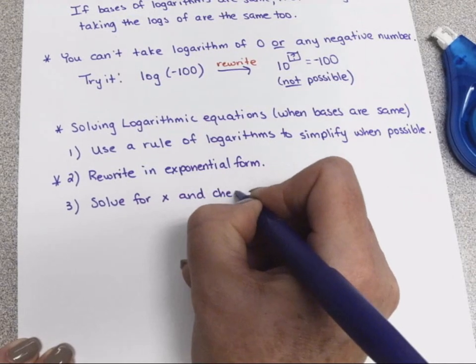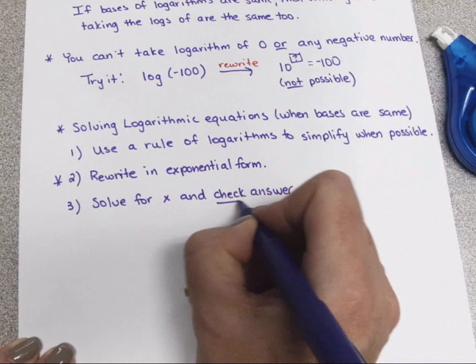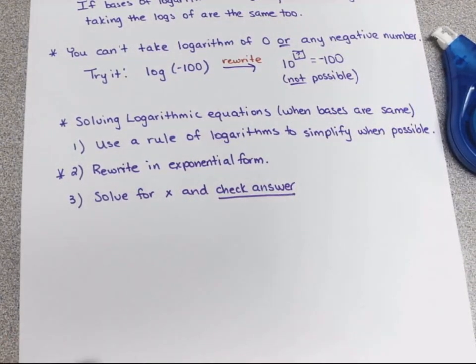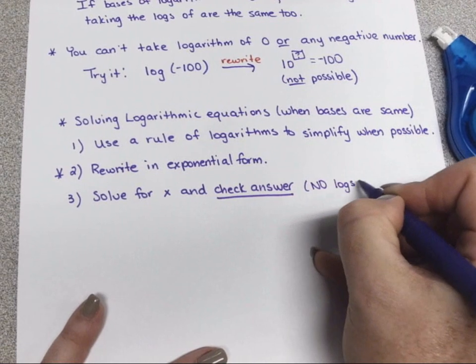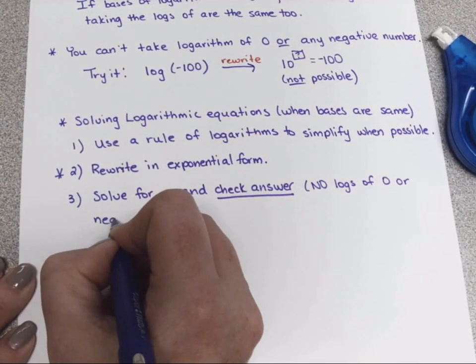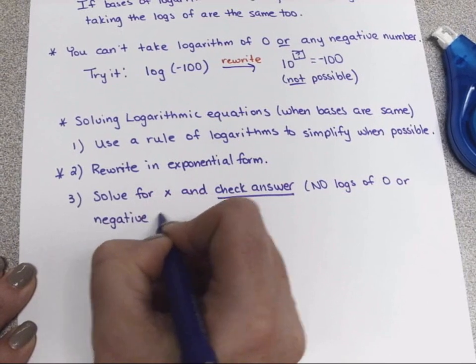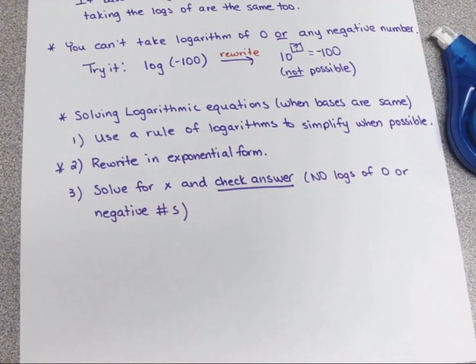And definitely check your answer. I know I've been saying that a couple of times, but I'm going to underline it here. You have to make sure that there are no logs of 0 or negative numbers. And that actually happens a lot here, so you're going to need to be especially careful about that.